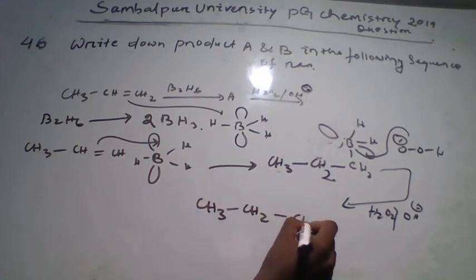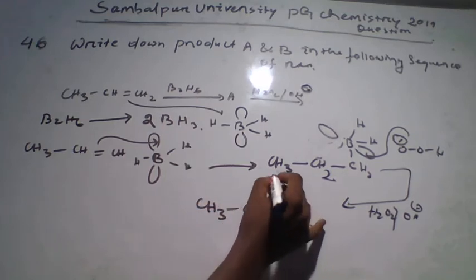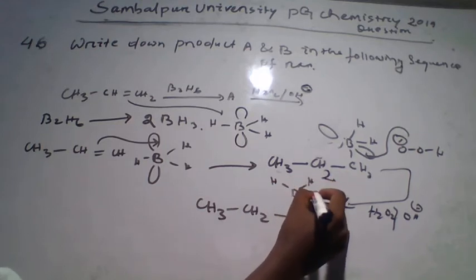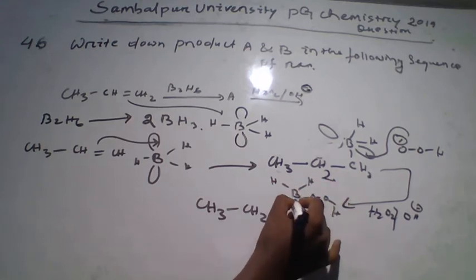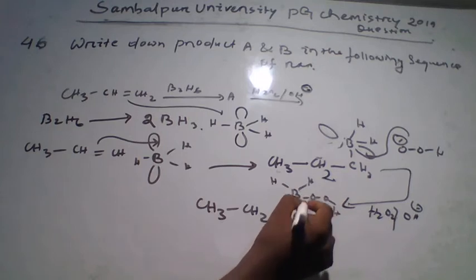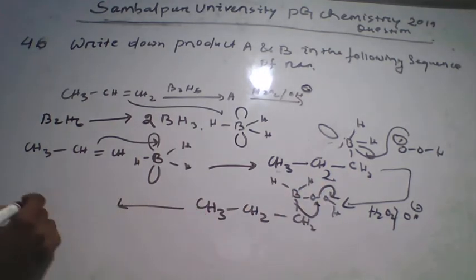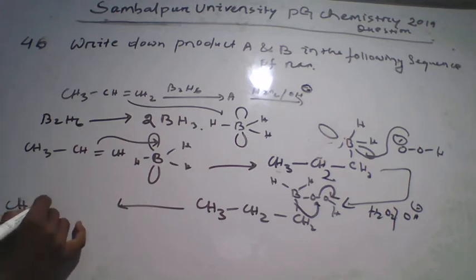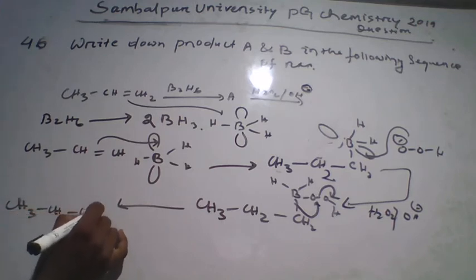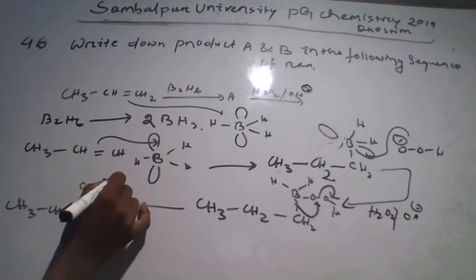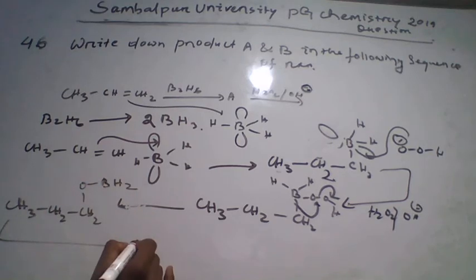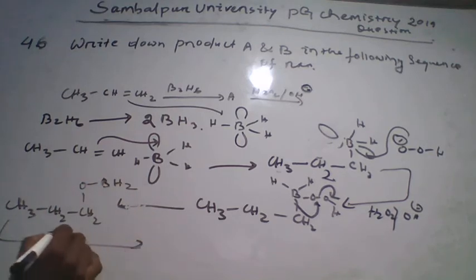This is CH2 boron, oxygen, and these bonds shift like this, and these groups go away. Finally, see here, CH2 OBH2, and this reaction undergoes many steps.